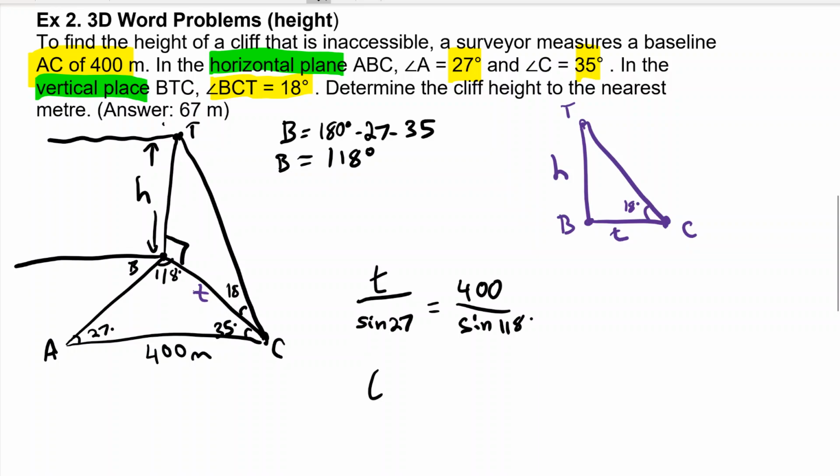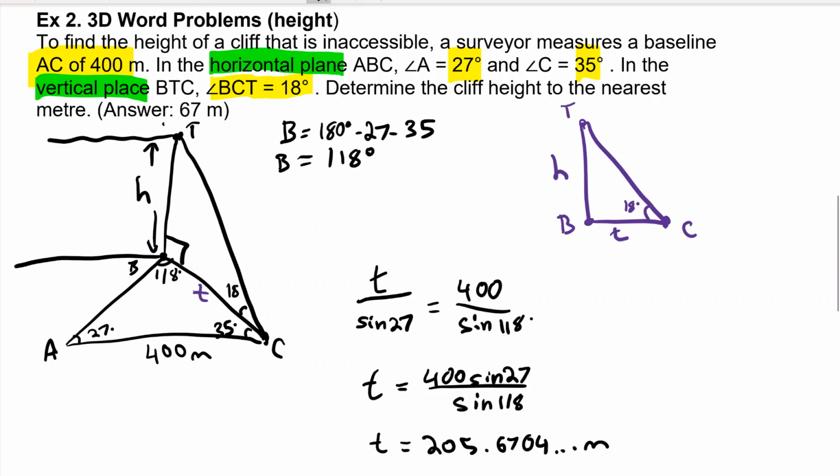Solving for t, t equals 400 sine of 27 divided by sine of 118. So 400 times the sine of 27, divided by sine of 118, I'm left with t equals 205.6704, etc. meters. I do want to keep at least 4 decimal places here because I'm not done solving my question.